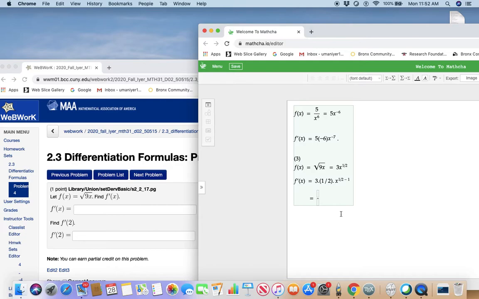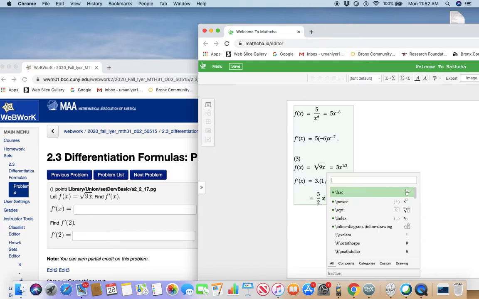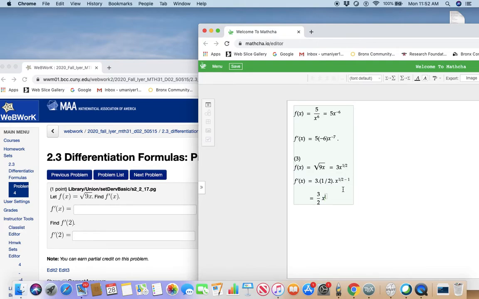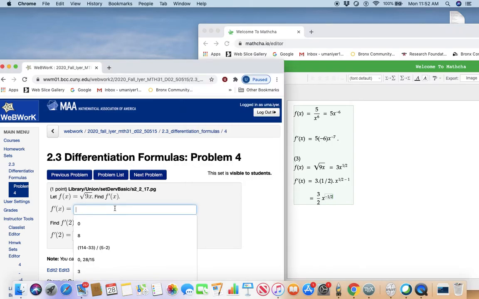Alright. So if you simplify, this is the fraction. 3 times 1 over 2 is 3 over 2, and x to the power negative half. Half minus 1 is negative half. So the first derivative is 3 over 2 times x to the power, don't forget parentheses, negative 1 over 2.